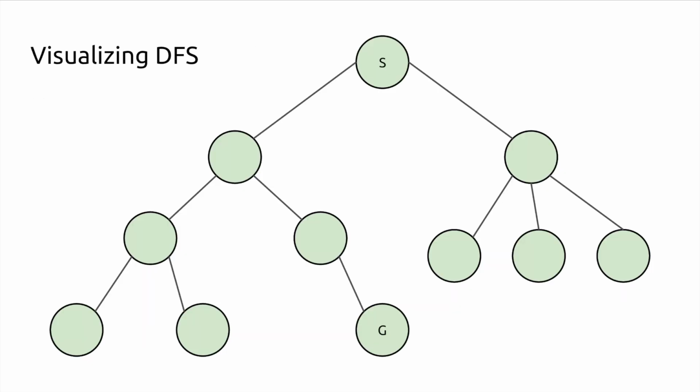Let's explore DFS from a visual perspective. Imagine we're starting at the root node, labeled start or S. Our goal is to reach the target node labeled goal or G. First, we explore the left subtree of the current node. If this doesn't lead us to the goal node, we continue down the left subtree until we reach a leaf node. A leaf node is a node with no children.